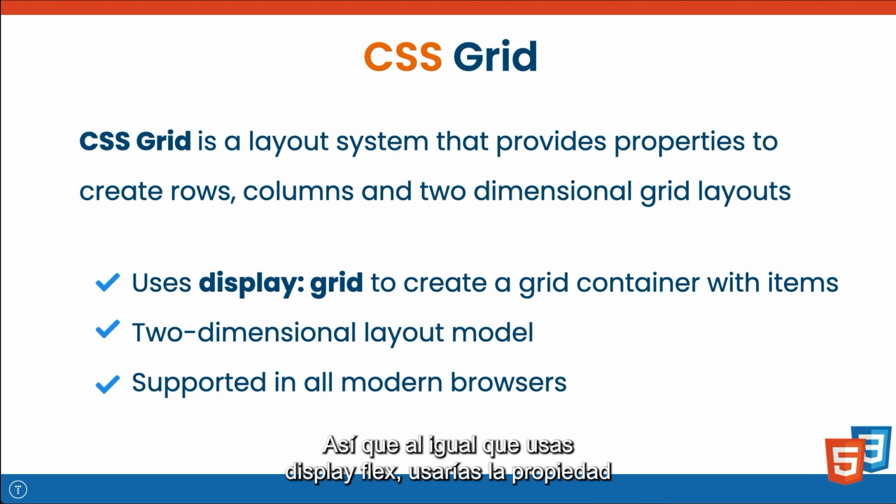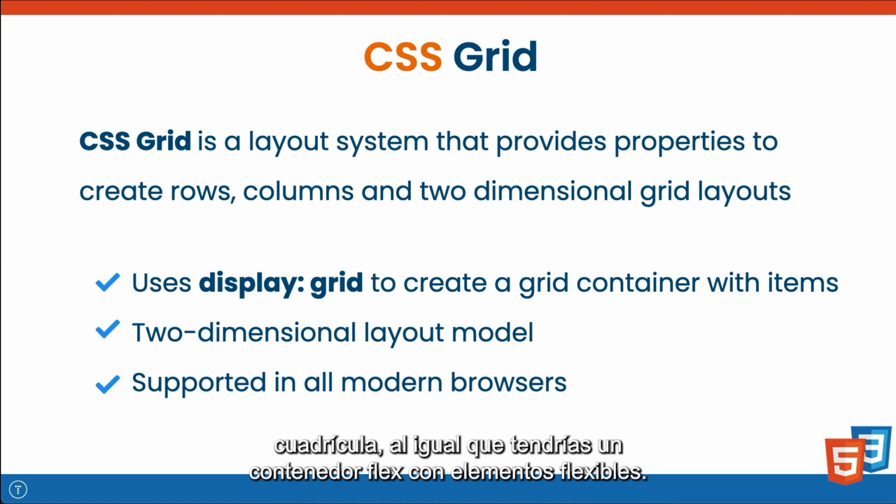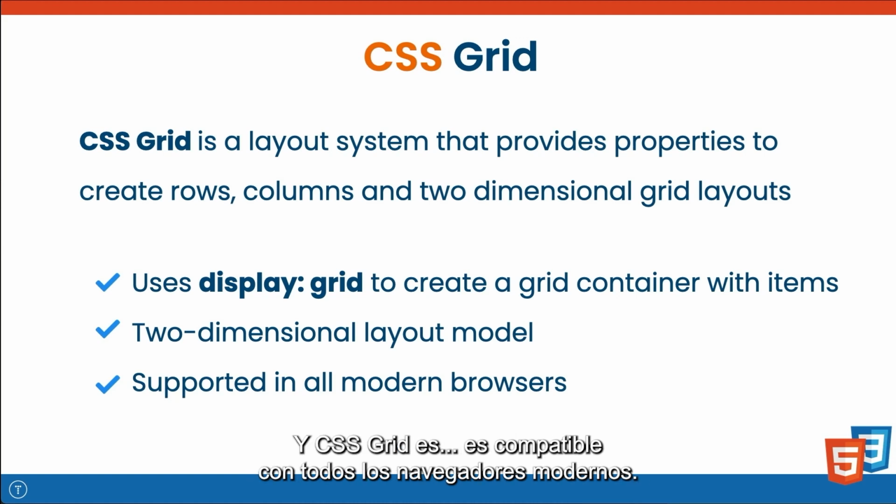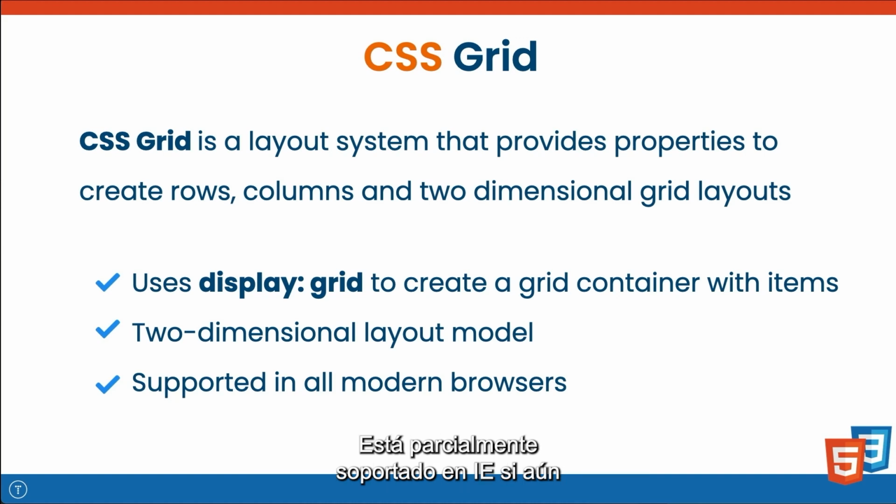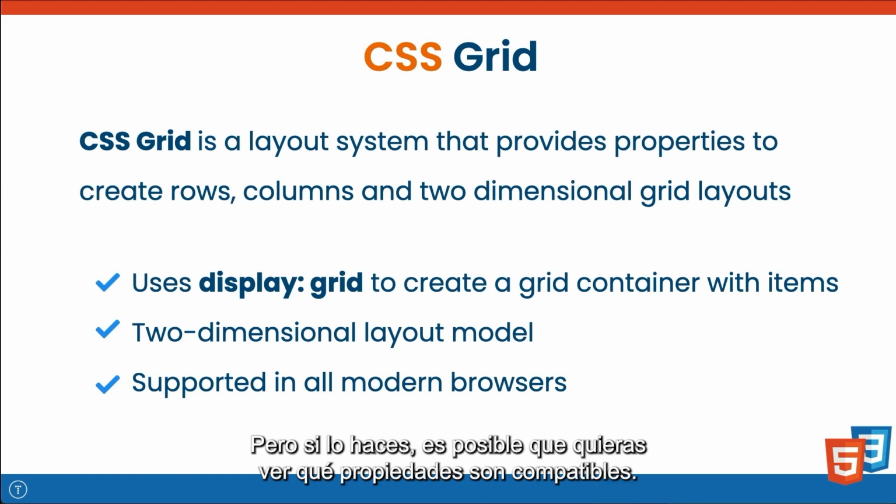So just like you use display: flex, you would use the display property and set that to grid, and that creates a grid container, and any direct children are grid items, just like you would have a flex container with flex items. And CSS Grid is supported in all modern browsers. It is partially supported in IE if you still take IE into consideration, which I don't. But if you do, you just might want to see which properties are supported.